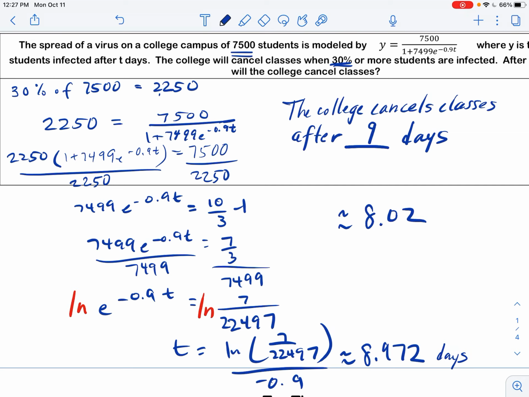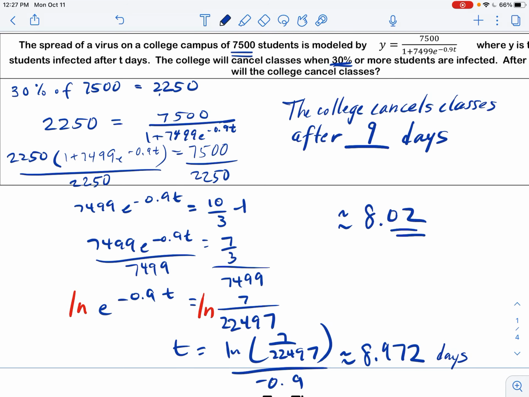So they won't be able to cancel classes until they reach that 30%, which means it's got to occur after 9 days. After 8 days, it's not enough of an infection spread for them to cancel classes. So it doesn't really matter, this value, just as long as it's above 8, we know that the cancellation won't occur until after 9 days, okay?